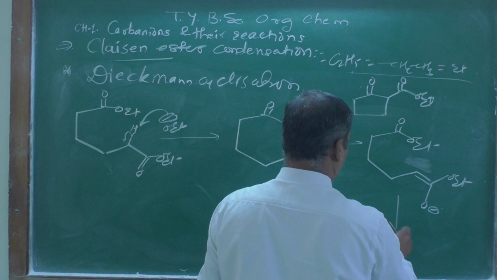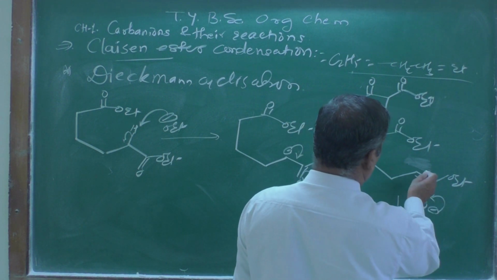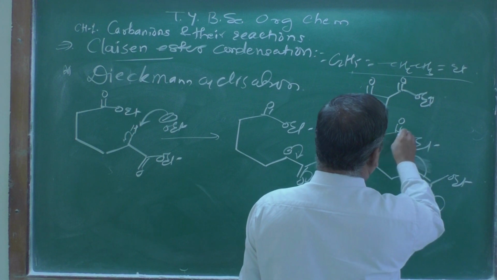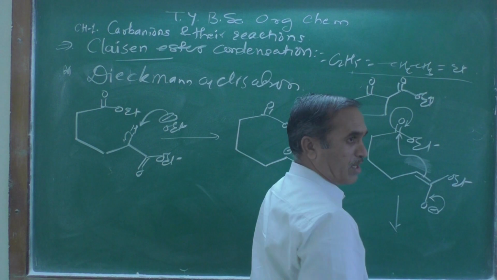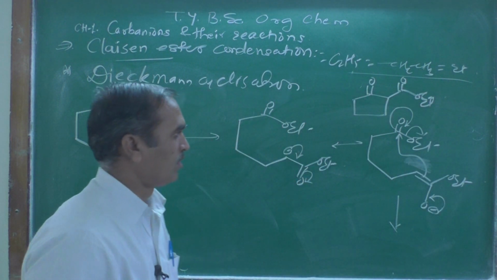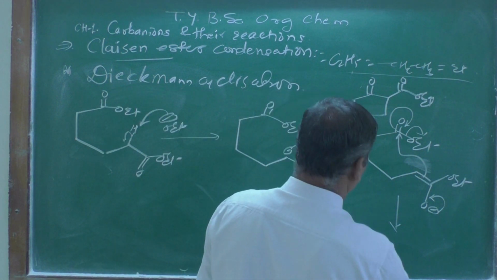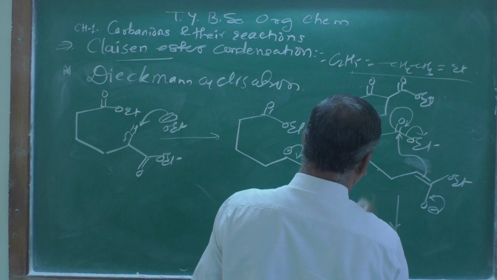In the next step, what is going to happen? This negative charge comes here, forming a double bond, and this double bond is going to attack this carbonyl group, and OEt is a good leaving group, it leaves, so that you are finally going to get a 1, 2, 3, 4, 5-membered ring.